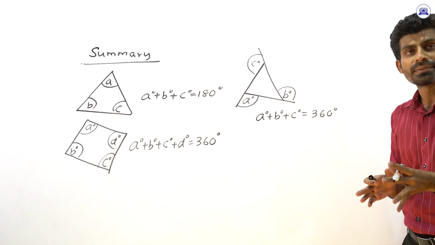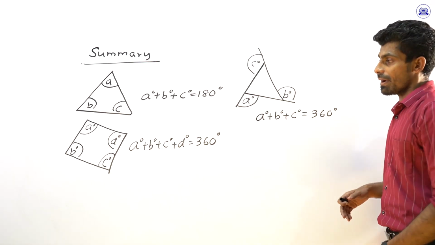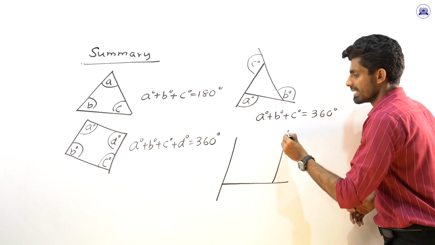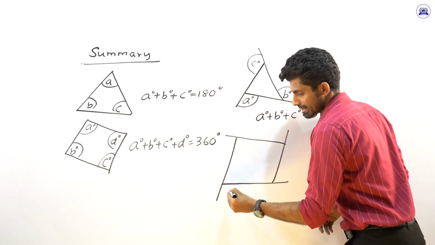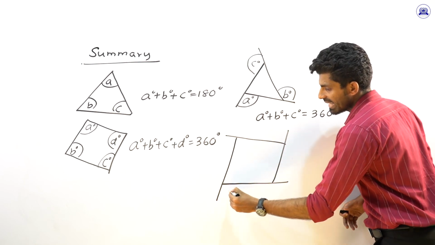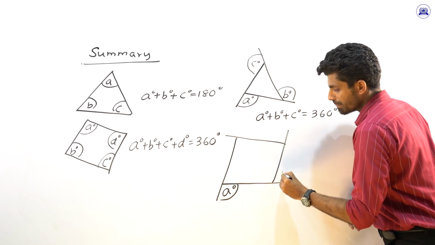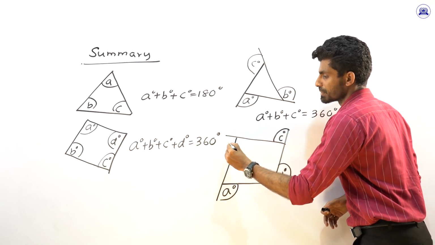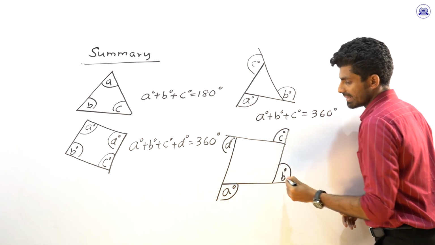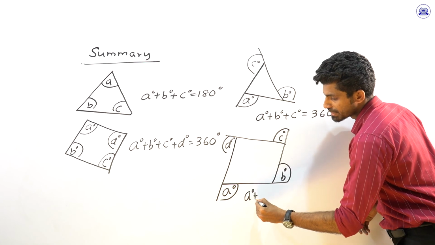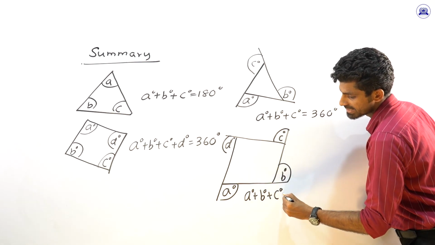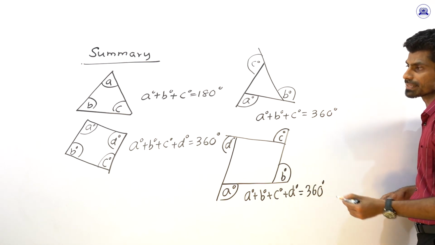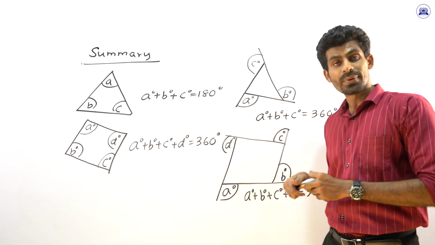And the last theorem was about the exterior angles of a quadrilateral A, B, C and D. That means A plus B plus C plus D equals 360 degrees. So this is the full lesson.